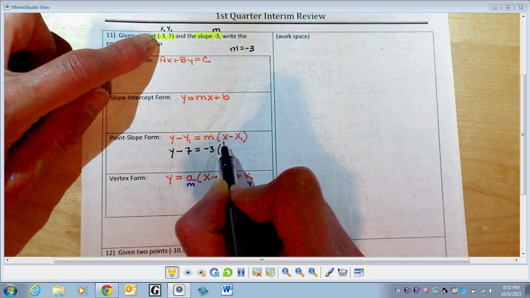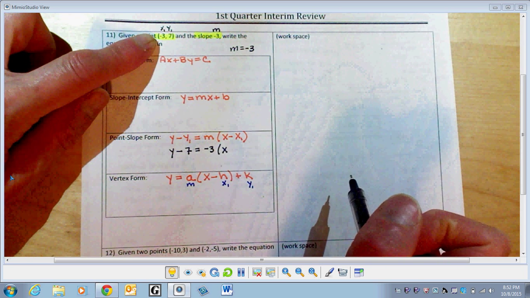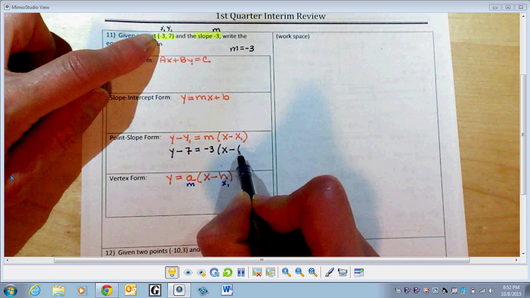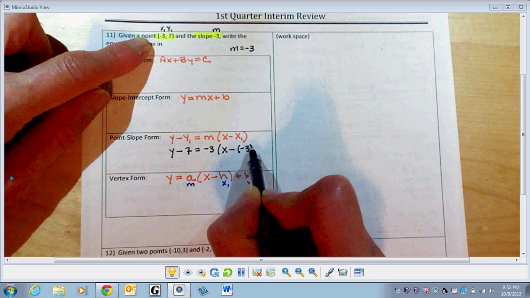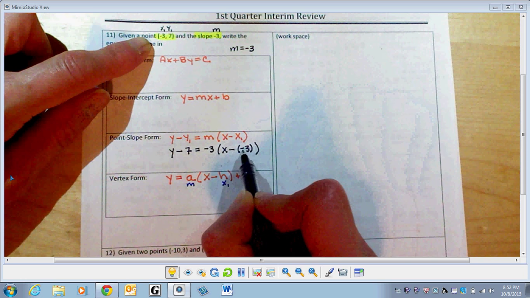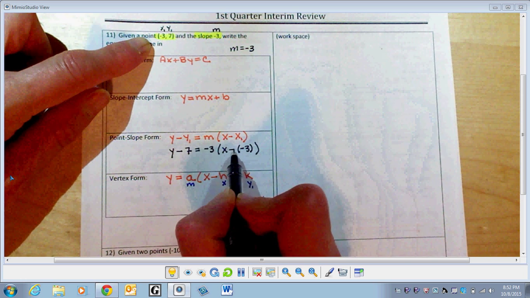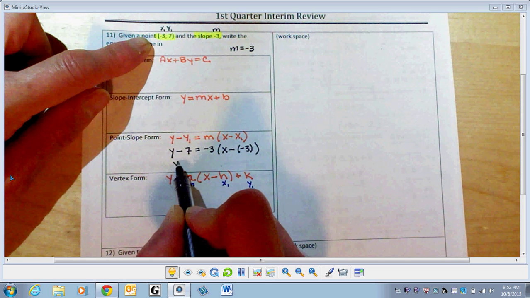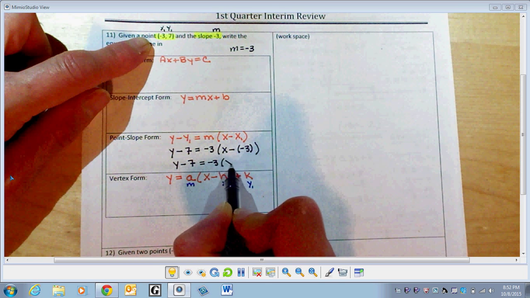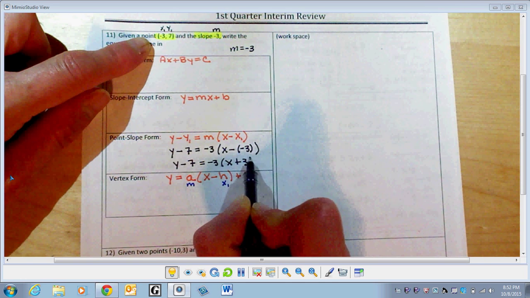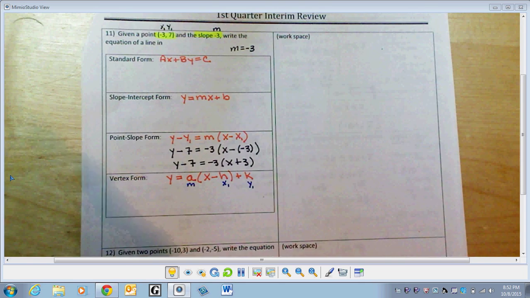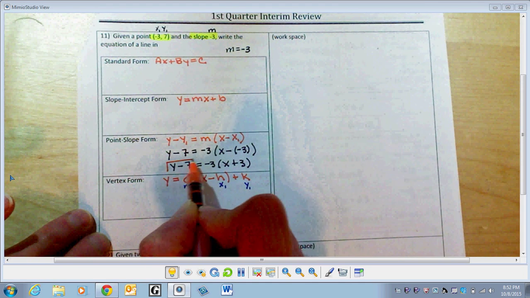Remember, this y and this x don't change because there's no subscript. Minus x1. Well, what is x1? -3. Okay? I'm almost done. I just have to simplify this because I can't have a minus minus. So this is y minus 7 is equal to -3 times x plus 3. I'm done. That is point-slope form. So I'm just going to mark that that's point-slope form.